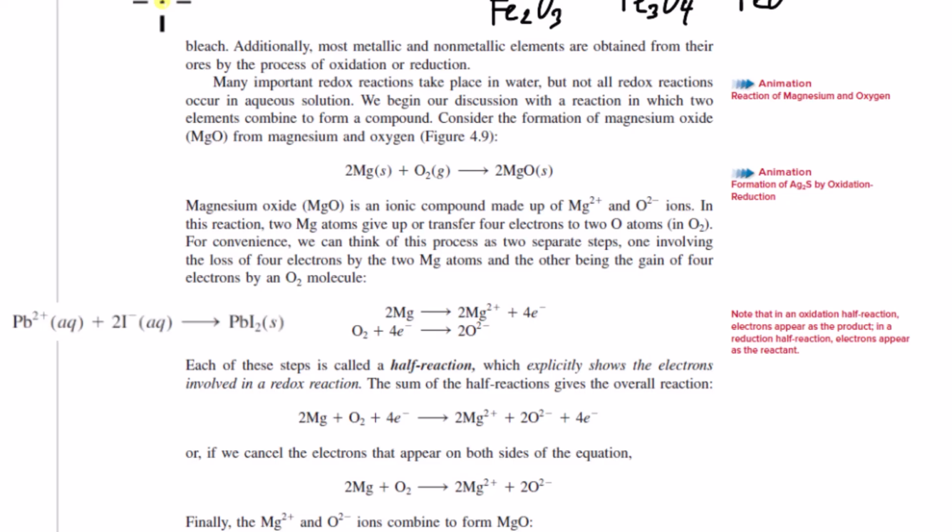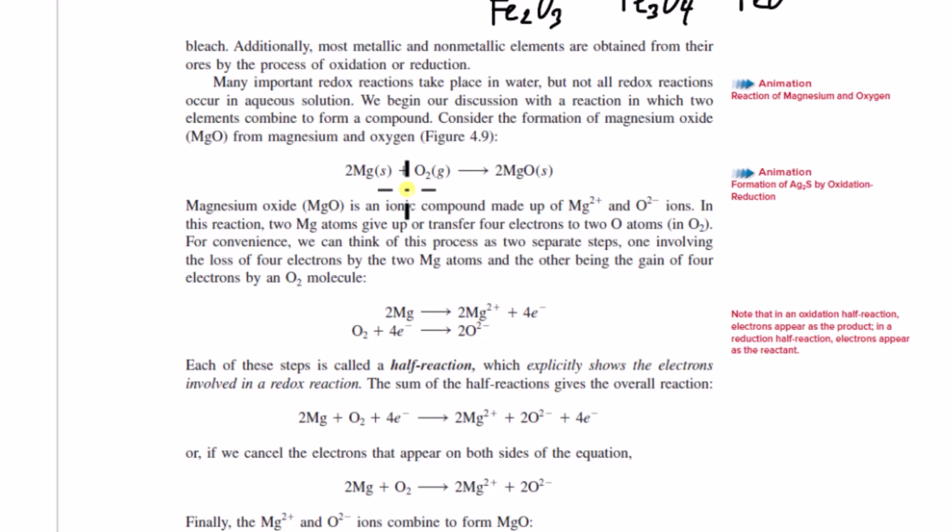The ionic and net ionic equations only apply to reactions in solution, where substances dissolve and dissociate into ions. This particular reaction isn't occurring in aqueous solution, so there are no ionic or net ionic equations to construct, but we're about to look at some redox reactions in aqueous solution, and so we're going to construct the ionic and net ionic equations.